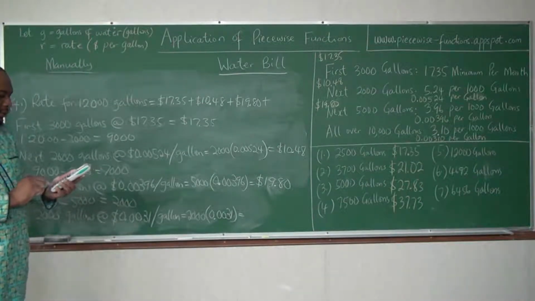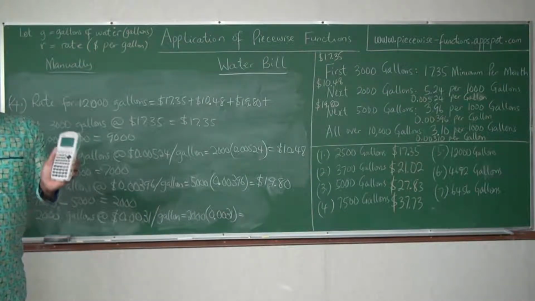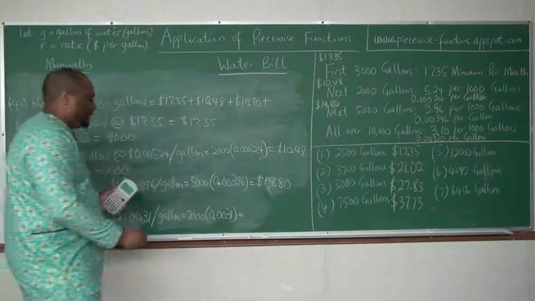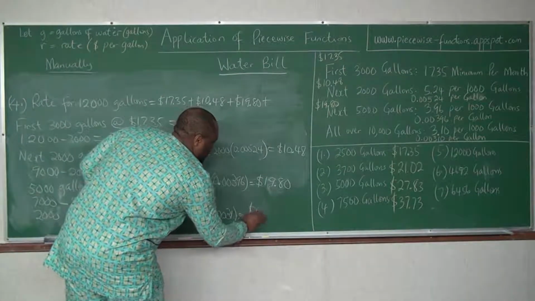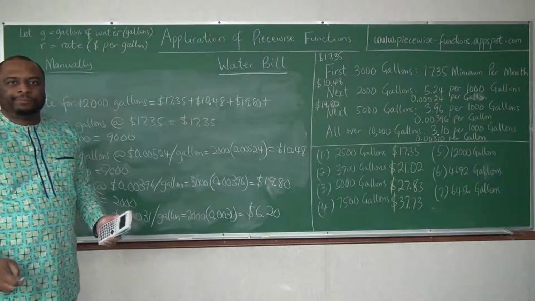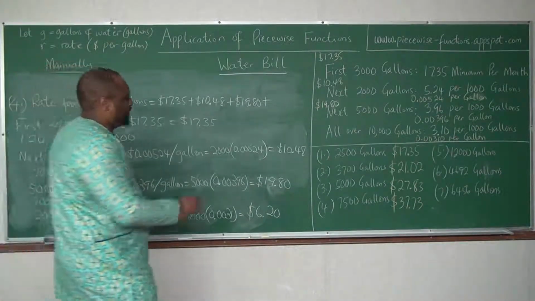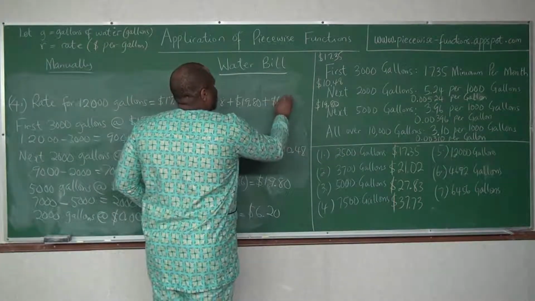So 2,000 times 0.0031 gives us $6.20. So this is plus $6.20.